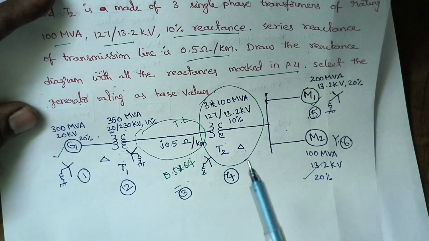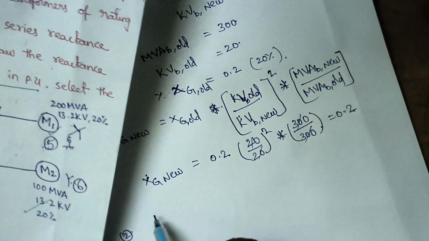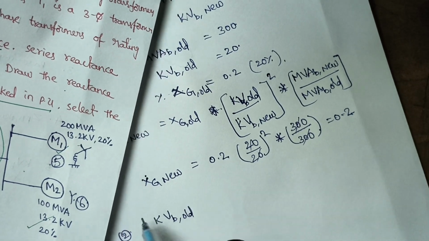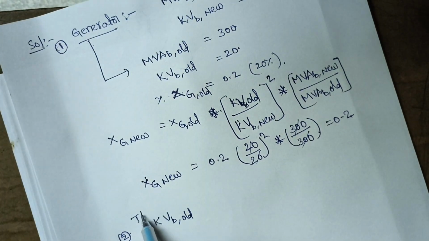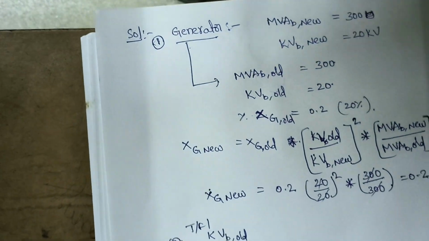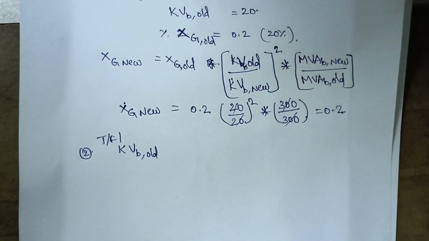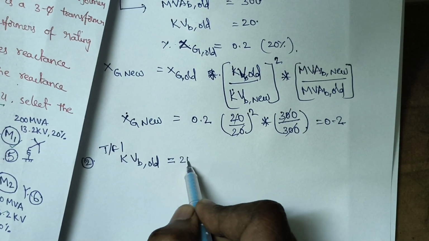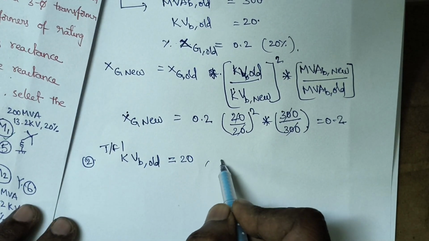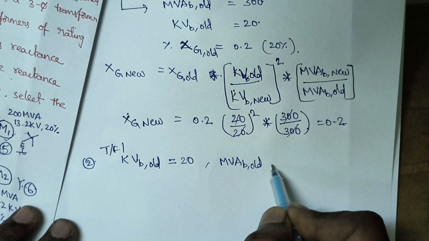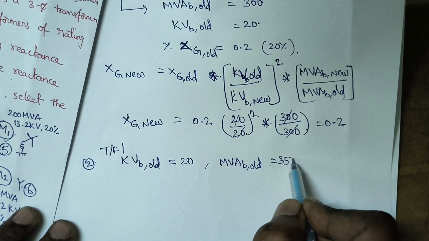So for transformer 1, kVB old is equal to 20 and MVAB old is equal to 350.